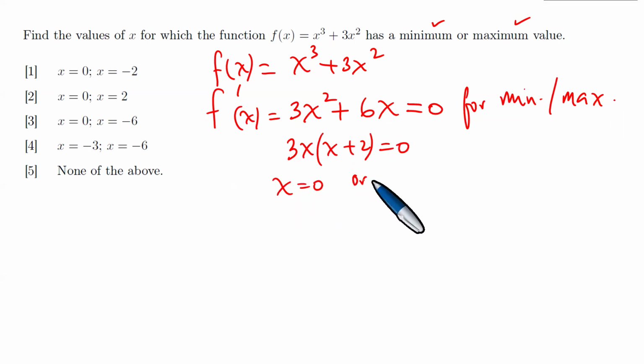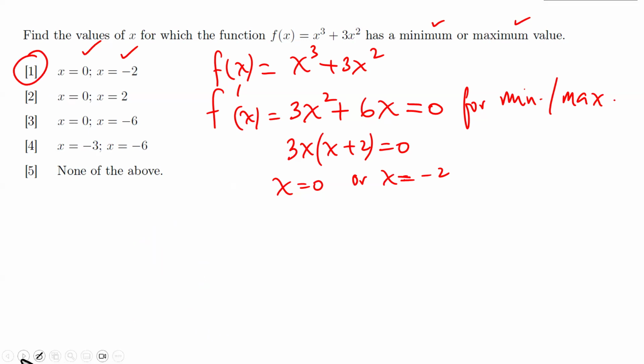Getting x equals 0 out of this, x equals minus 2. So these are the two answers. So we need x equals 0, x equals minus 2. So in other words, the correct option would be option 1 there.